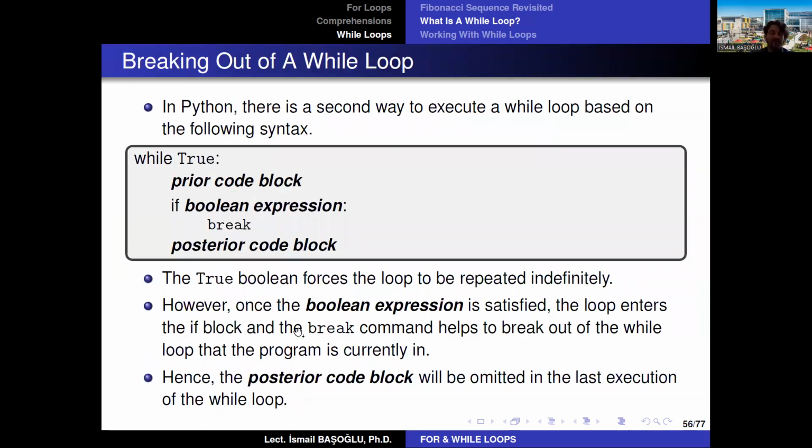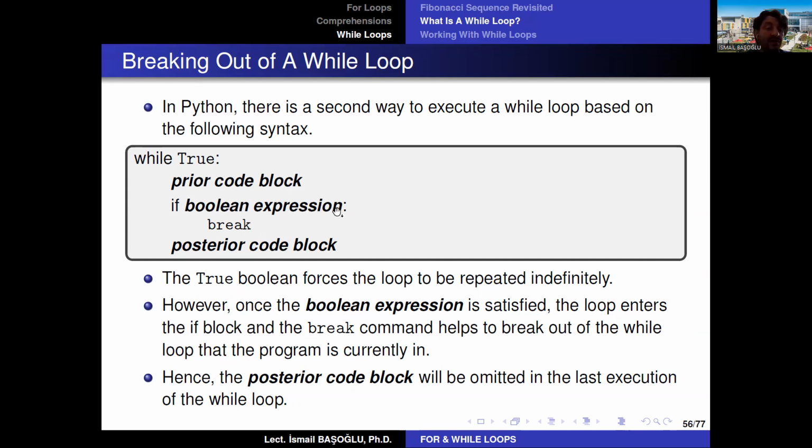Okay, now, my friends, sometimes we intentionally would like to break out of a while loop, okay? Sometimes we say that the while loop should repeat again and again without a check on a Boolean expression here. But inside the code block, I can write an if statement with that Boolean expression.